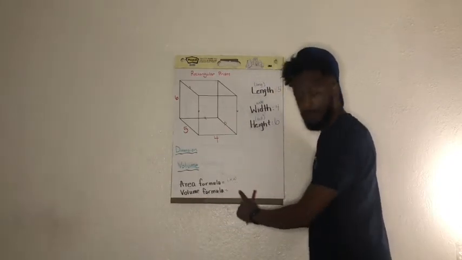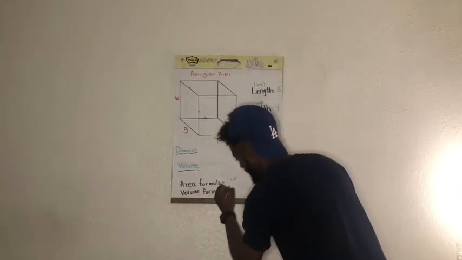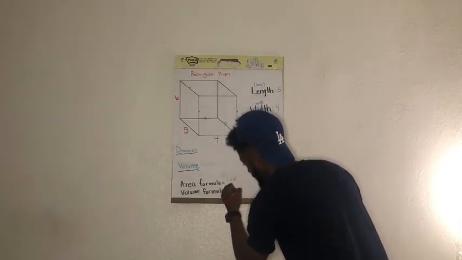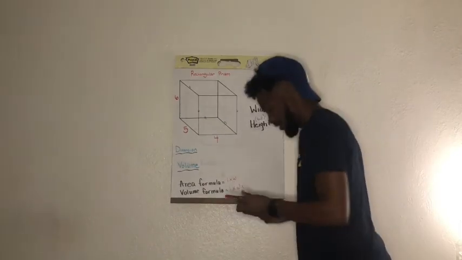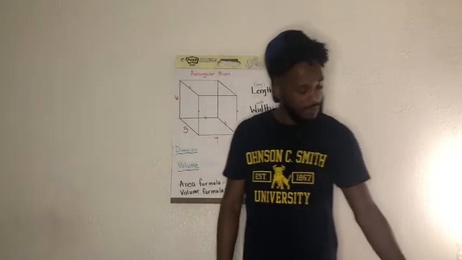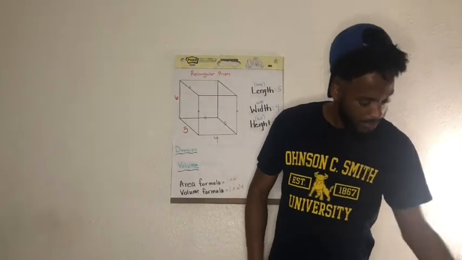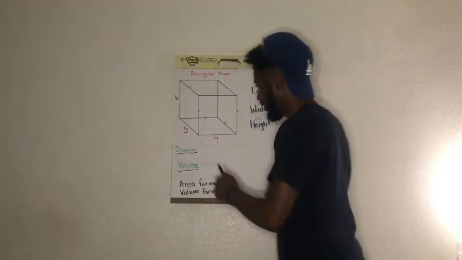The volume formula, however, is length times width times, what was the name of the new dimension that we learned? The name of the new dimension that we learned is height.